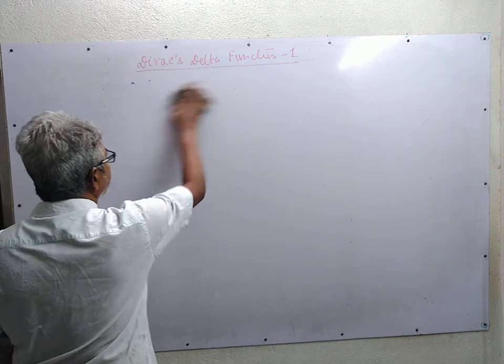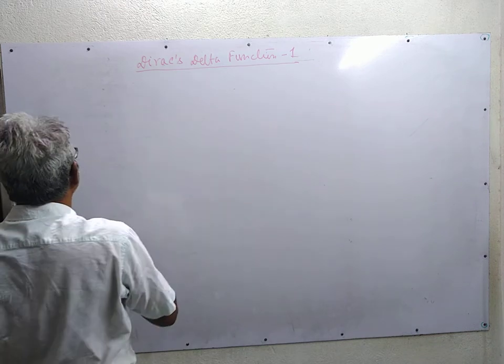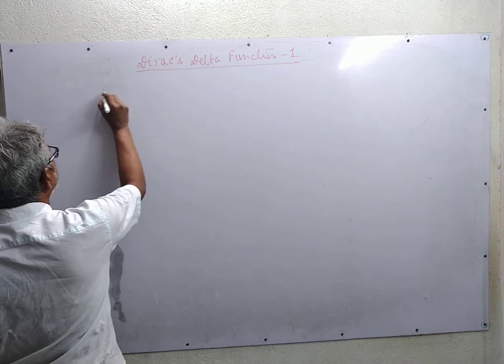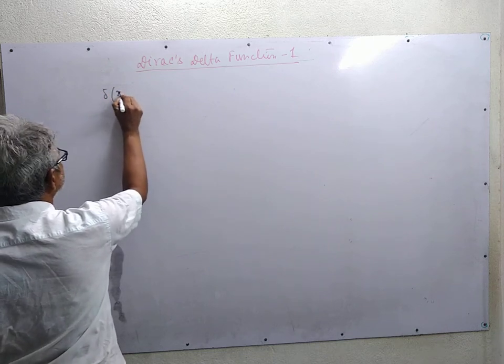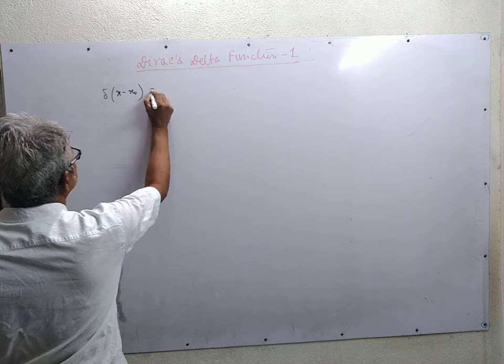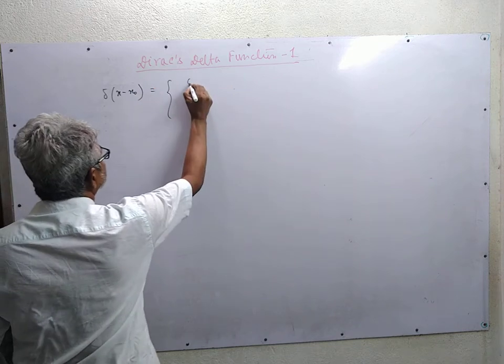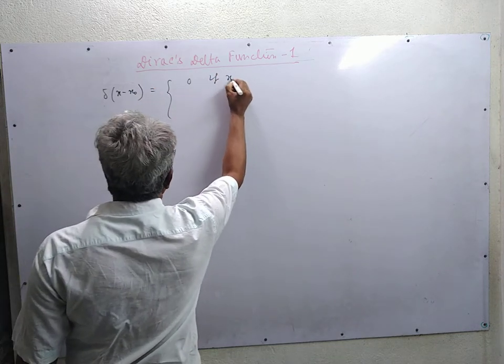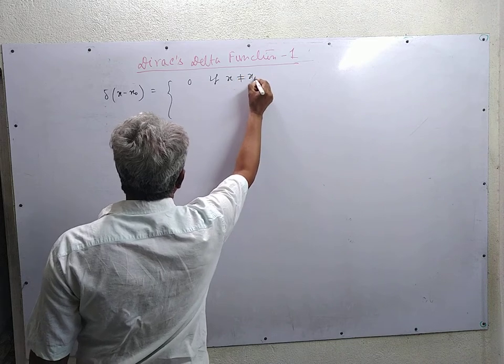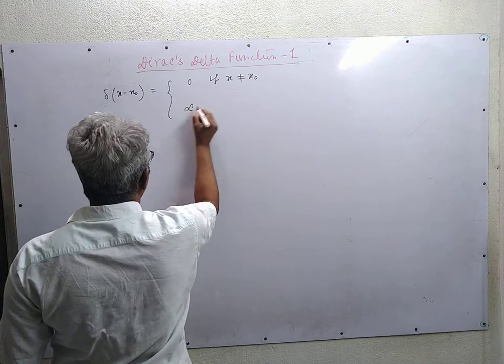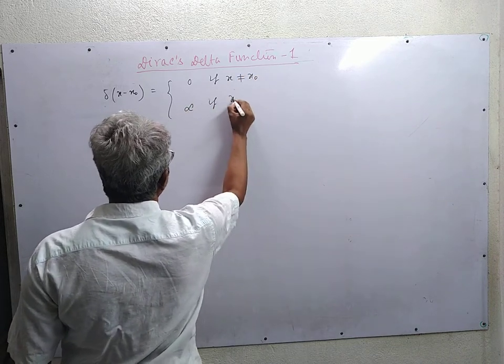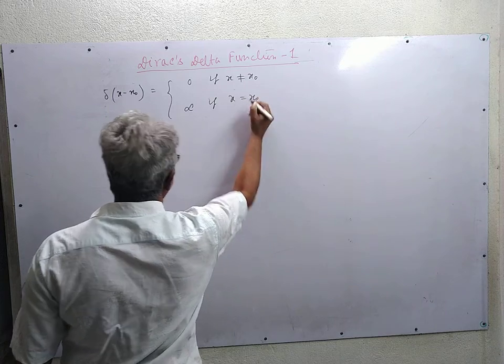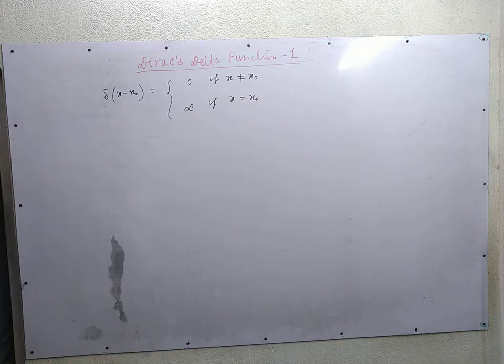The formal definition of the Dirac delta function is that δ(x − x0) is defined as 0 if x is not equal to x0, and it goes to infinity if x is equal to x0.